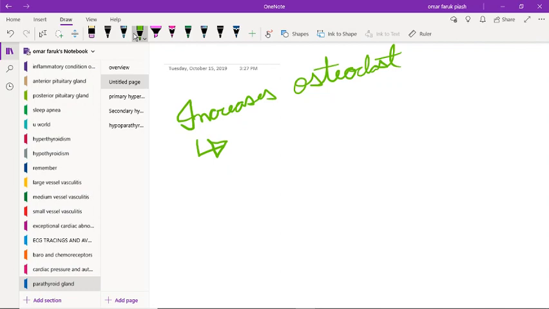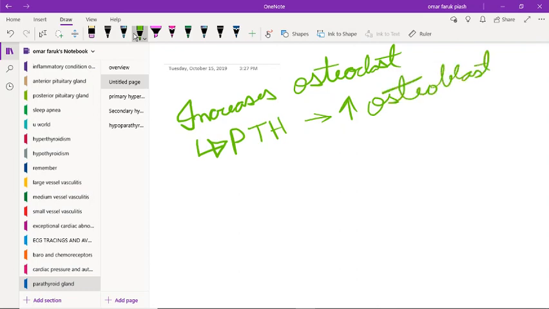In the past, we actually learned the wrong way, but that is not the case. Actually, PTH increases osteoblastic activity.